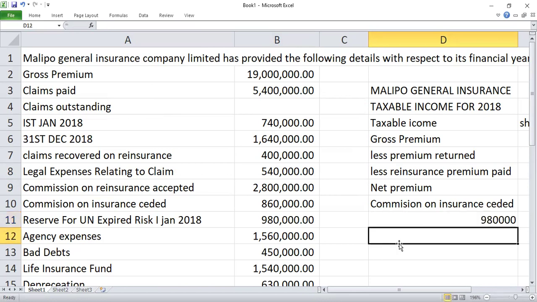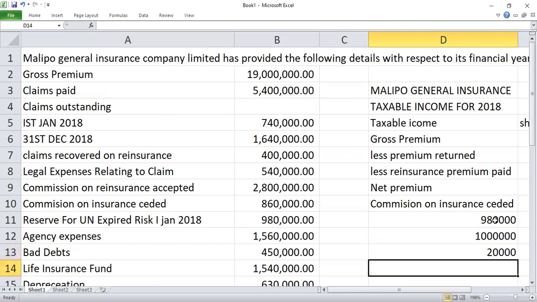Then maybe, let's say, for example, the reserve at 1st December adds up to 1 million. Then that means there's an increase in reserve, by taking 1 million, subtracting 980,000.